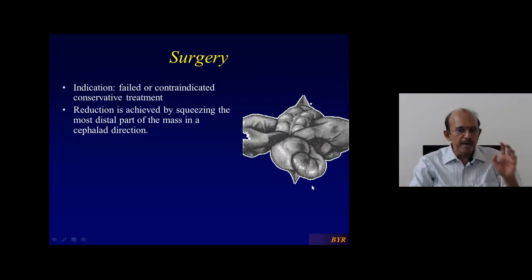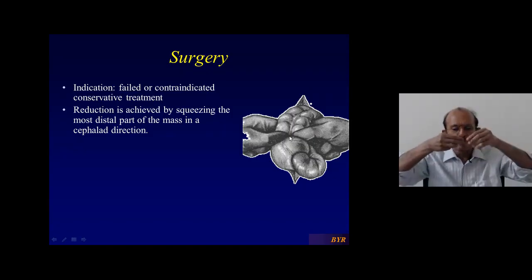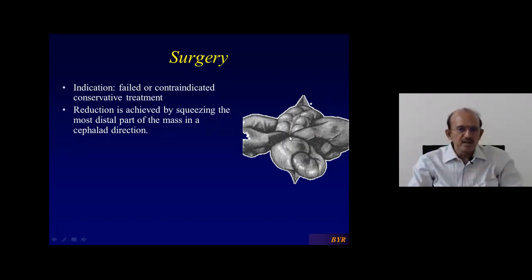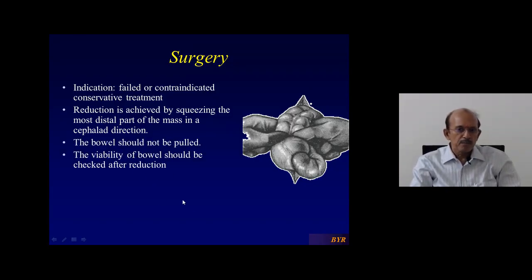You should not do pulling. You must always push it from the cephalad direction. That means you place your fingers at the apex of the intussusception and knead it down. The bowel should not be pulled. Please remember that. The viability of the bowel should be checked after reduction.